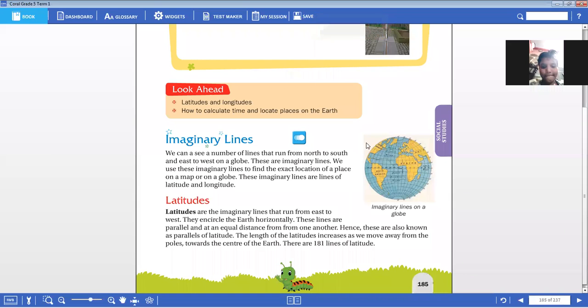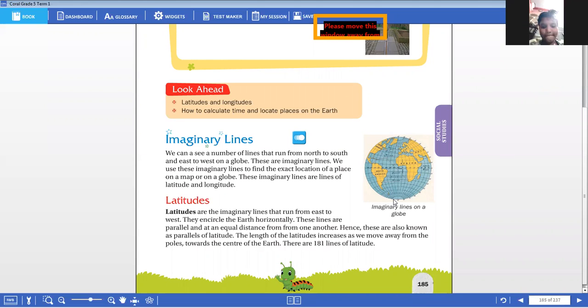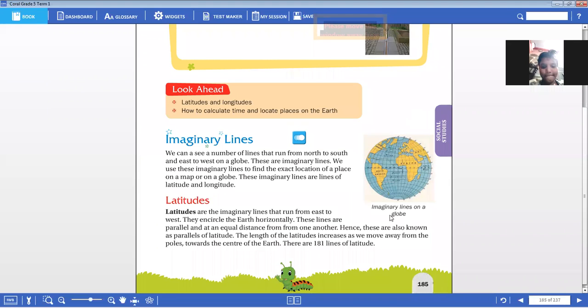But coming to the length, children, here it is a small line, here it is a little bit larger line when compared to this. So the length will vary from one line to another. The line which is near to the south pole or north pole is shorter when compared to the line which comes to the center, that is the center line between the north pole and south pole.